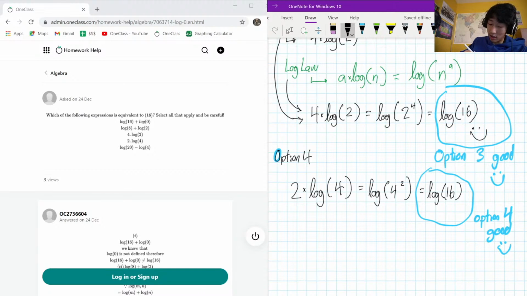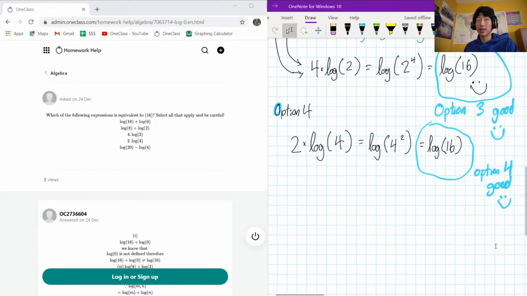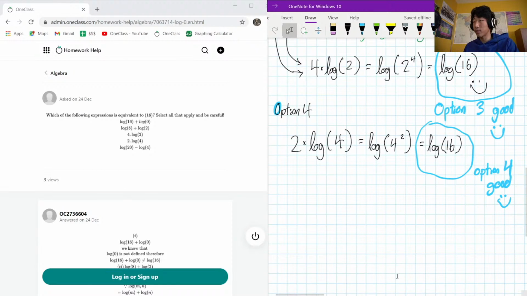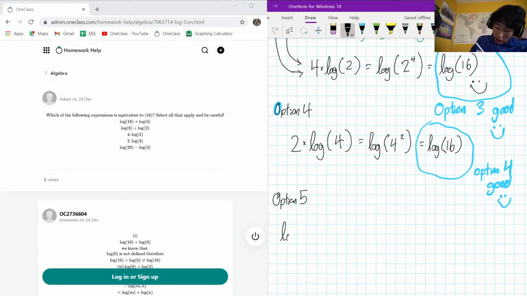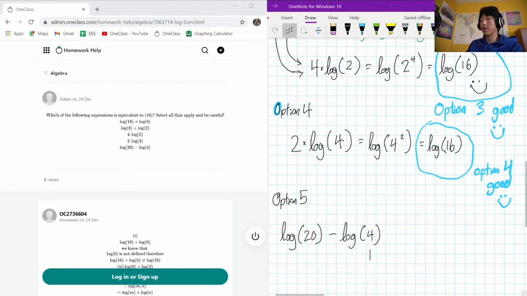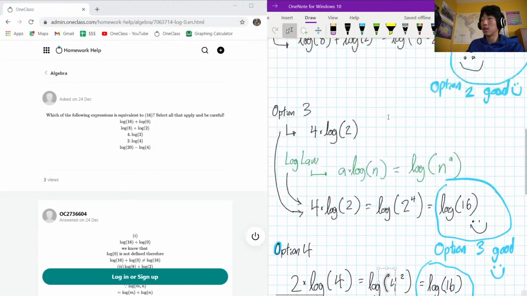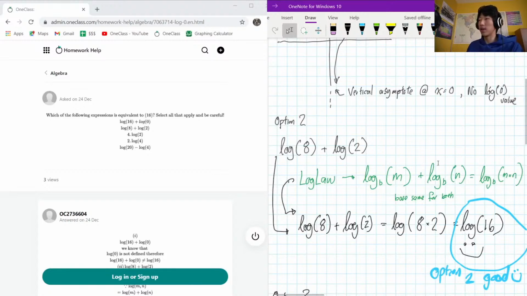Okay, now the last one that we have to take a look at is option 5. Option 5 looks like this: log 20 minus log 4. Now remember how previously one of our log laws was that when we have two logs with the same base added together, we multiply them.